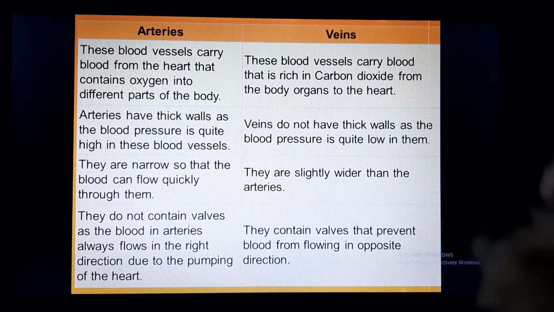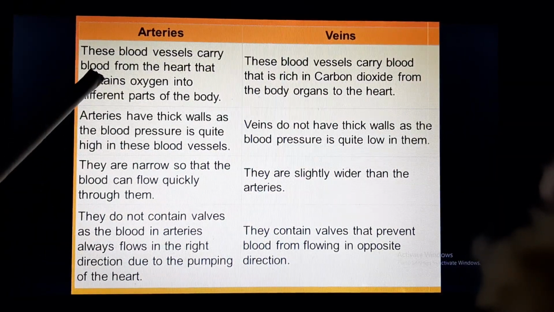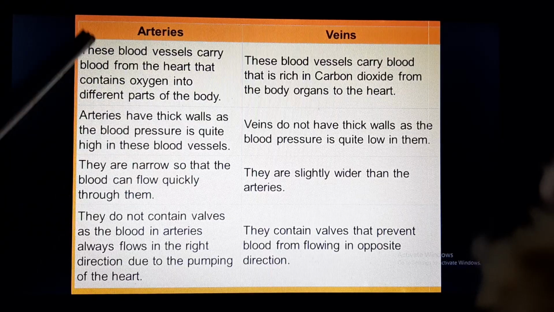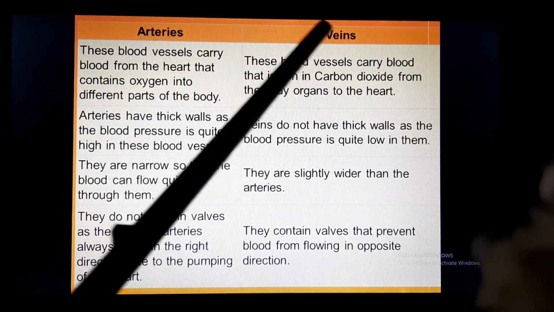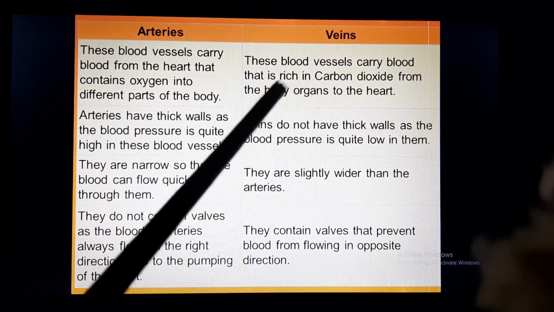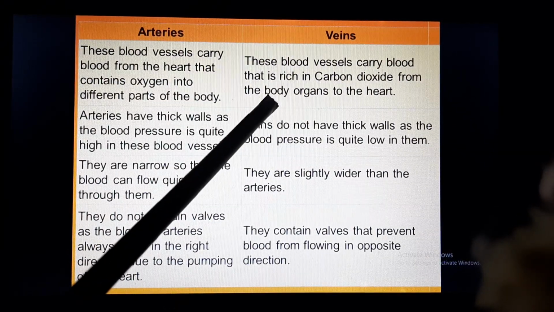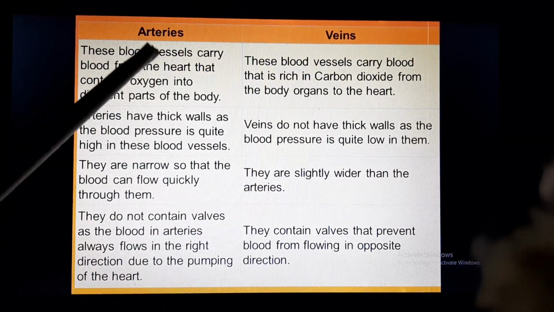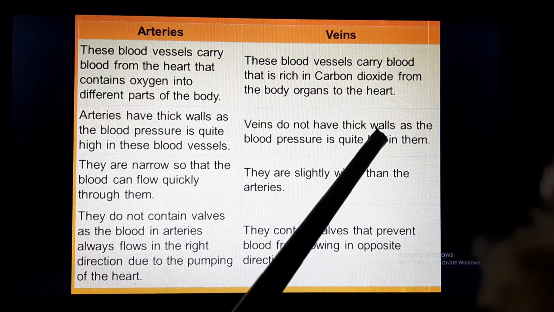Now we'll be discussing the difference between arteries and veins. We know that arteries are the blood vessels which carry blood from heart to different parts, and this contains oxygen, while veins are the blood vessels which carry carbon dioxide rich blood from body organs to the heart. Arteries have thick walls, whereas veins do not have thick walls.